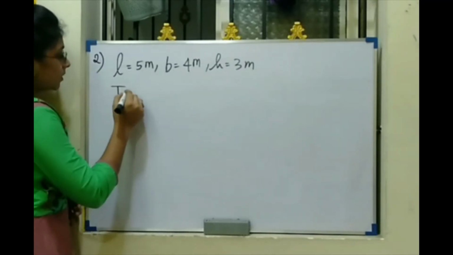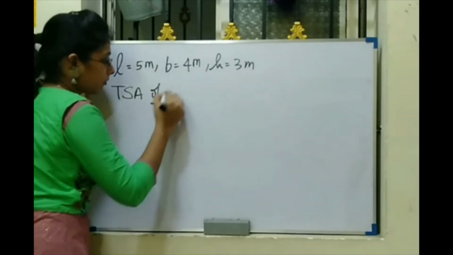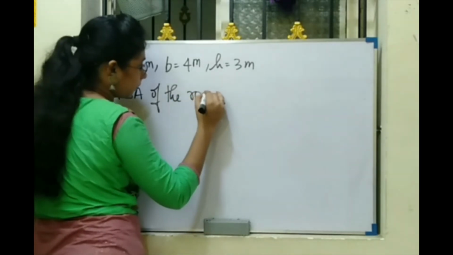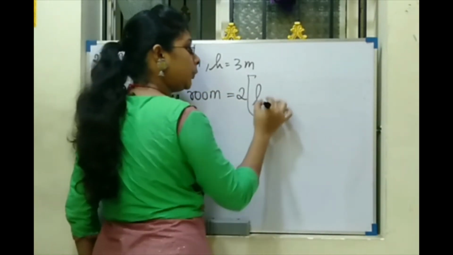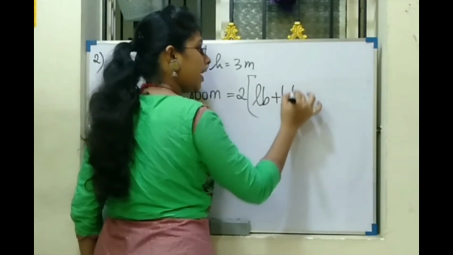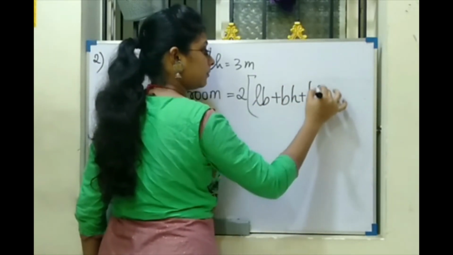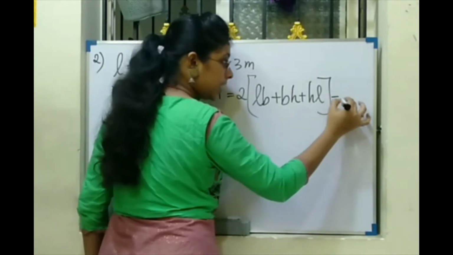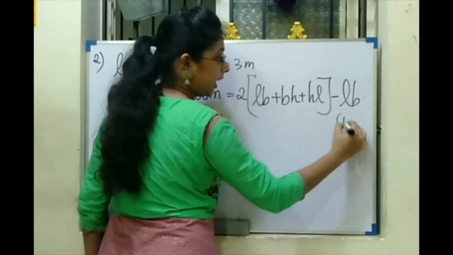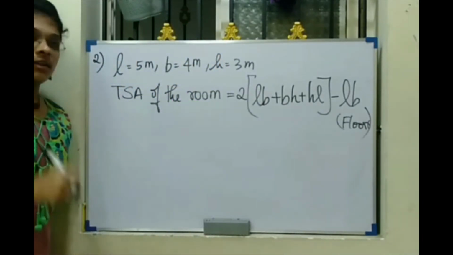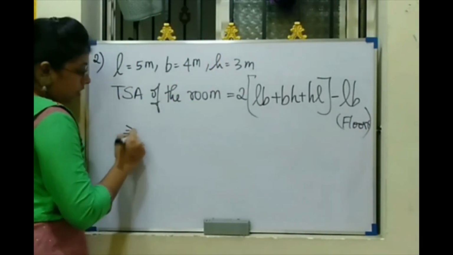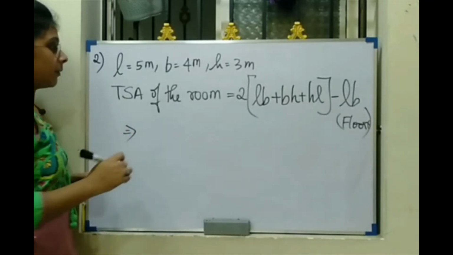TSA of the room is equal to 2 into LB plus BH plus HL, minus LB, that is the area of the floor, which is in the shape of a rectangle. Now let's substitute these values here.